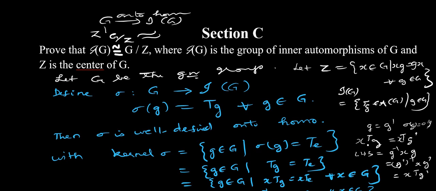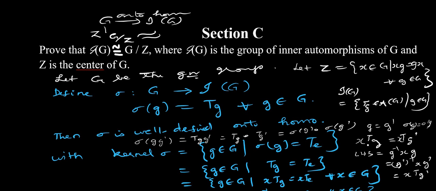And for homomorphism, we can use this. Sigma of gg prime, when we consider, it will be Tgg prime, which is nothing but Tg composition Tg prime, and this is nothing but sigma of g composition sigma of g prime.